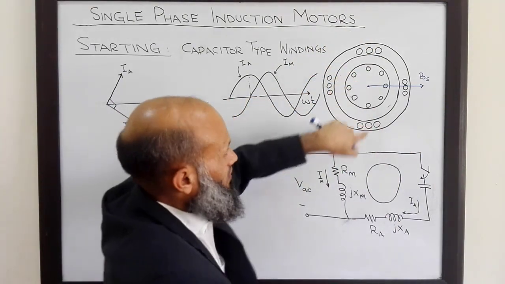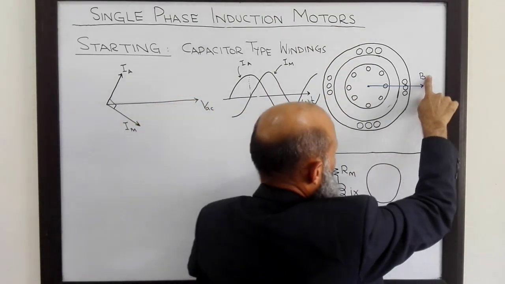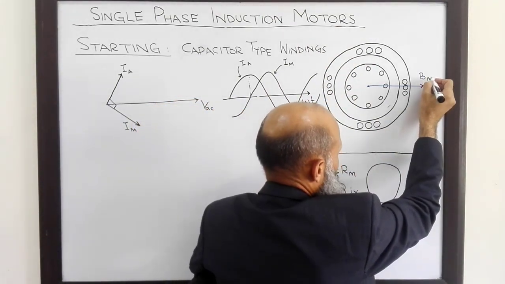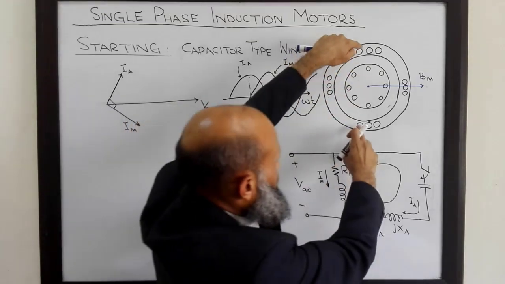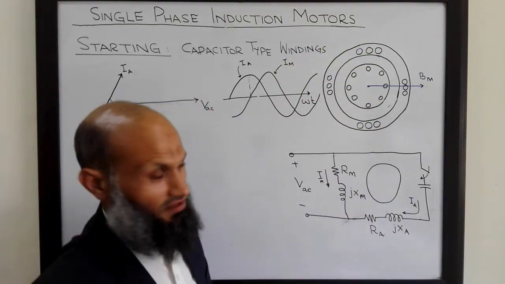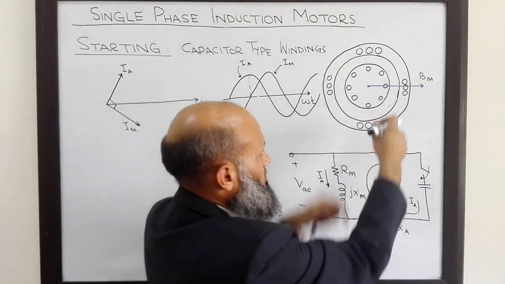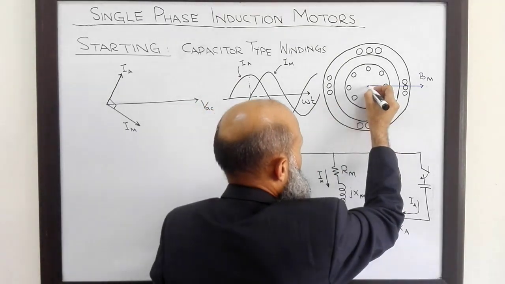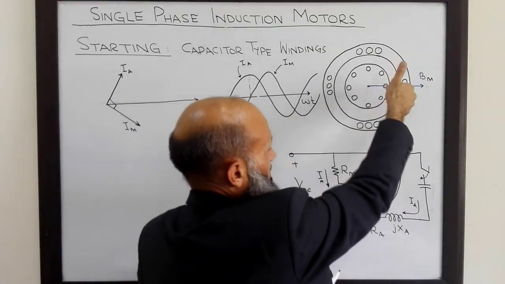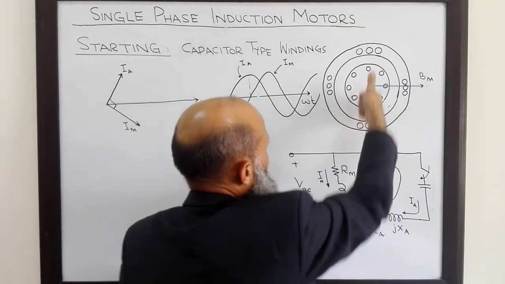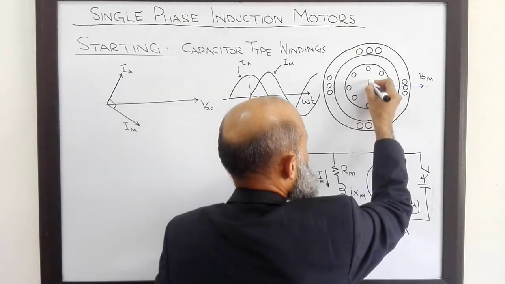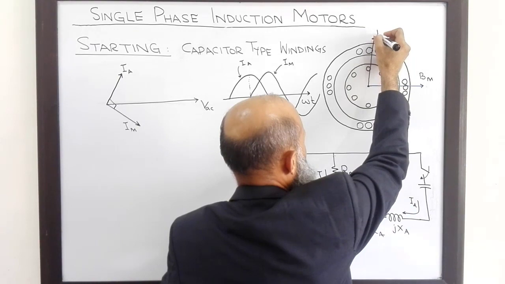So due to this current in these windings, there will be a flux density vector, which is shown over here, and let's write it as Bm, the flux density vector due to the main windings. Likewise, due to these coils, there will be a flux density vector BA in this direction, with current entering from here and leaving from here.